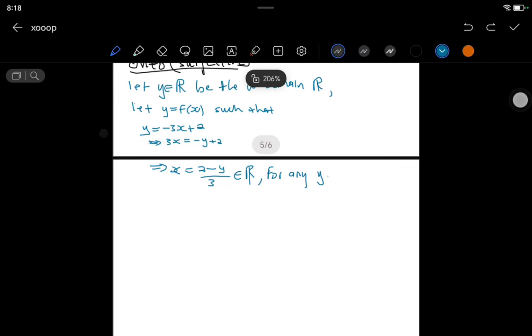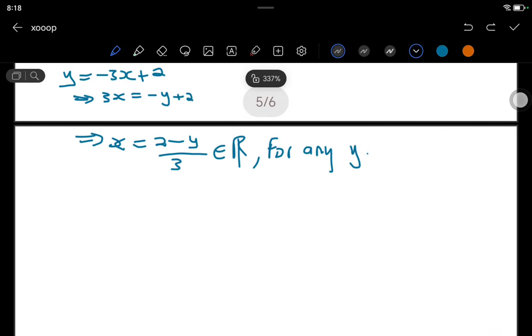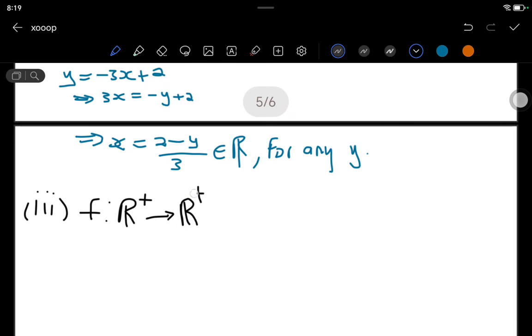Now, if we look at the second question, okay, let me look at number 3. Here we're given f from R plus to R plus, defined by f of x is equal to x squared.